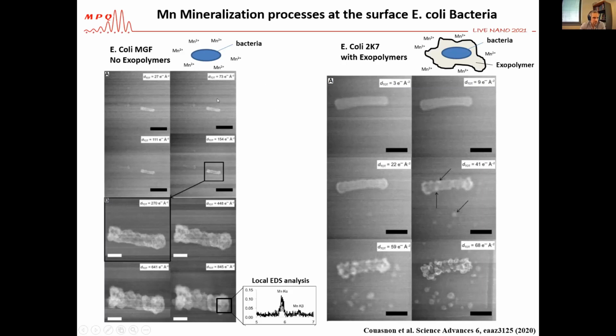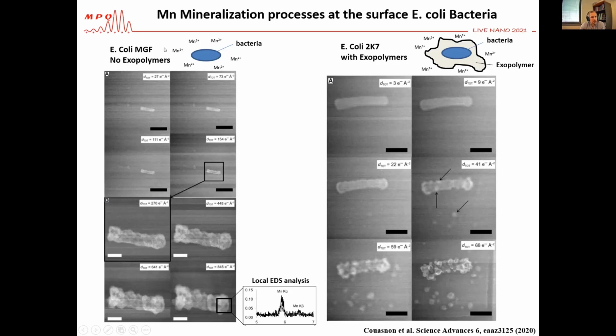And what you observe on this image series is that the contrast of the bacteria increases over time simply because you observe the formation of a manganese-rich shell around the bacteria. And this has been confirmed by in situ local EDS analysis. What is interesting in these two image series is that you see a very different growth process on those two strains.